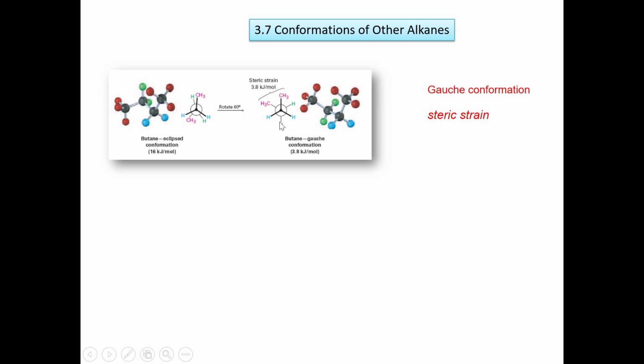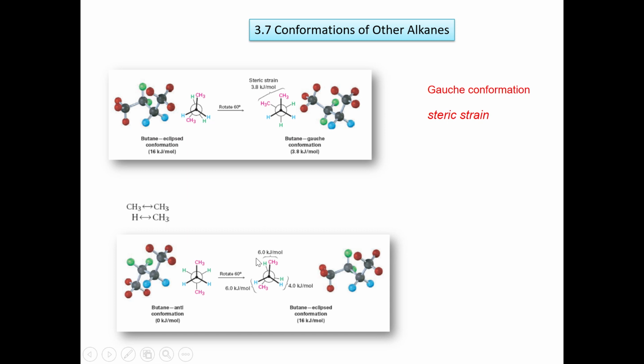Here, because they are at 180 degrees, they don't see each other, they are as far away as possible, we don't see any interaction. But now, because they are closer, they are only 60 degrees one from the other, we have some steric interaction that makes this position unstable. And we have a steric strain.